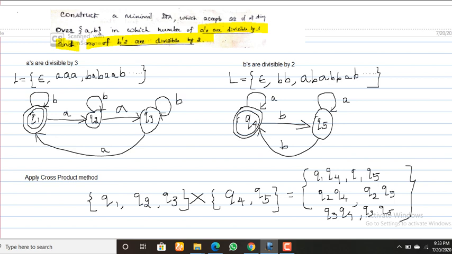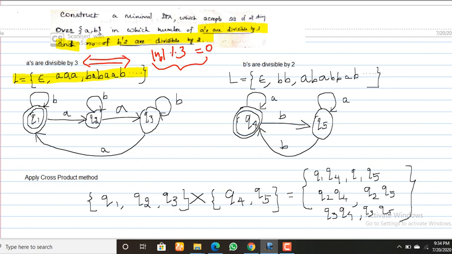Here I have written the language for a's divisible by 3. Divisible by 3 means modular division: number of a's modulo 3 equals 0.